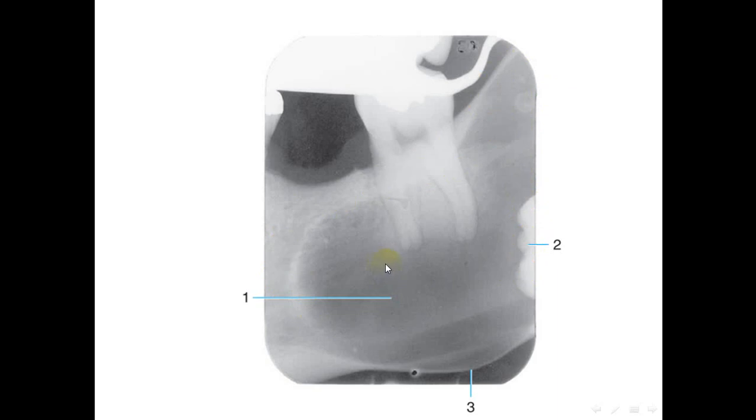So when the tooth finds no space to erupt, it becomes impacted, and sometimes a cyst forms around the tooth, and that cyst may exert pressure with resorption of the bone and displacement of the inferior alveolar nerve, and sometimes it exerts pressure forcing the tooth inside the ramus.